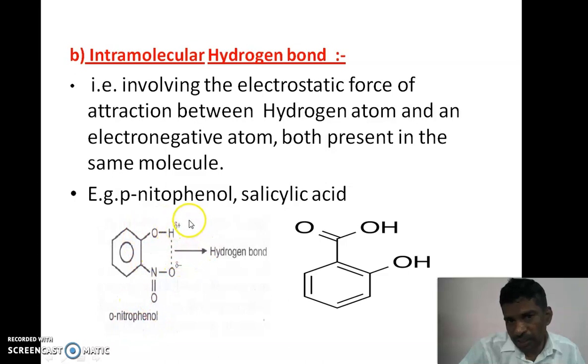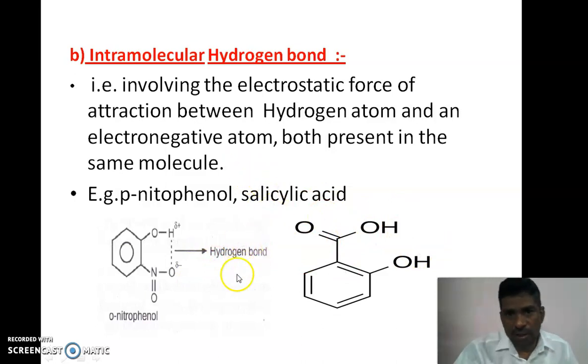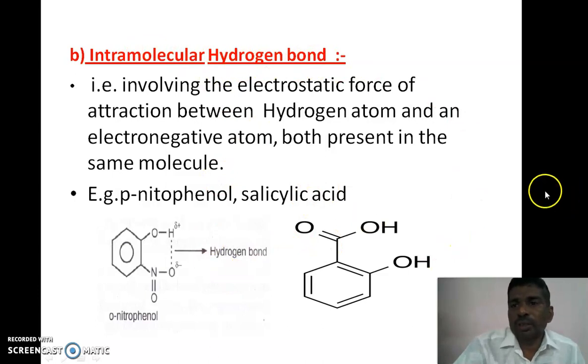The hydrogen is partially positive and oxygen is partially negative, and due to these two oppositely charged particles there is an electrostatic force of attraction, that is the formation of a hydrogen bond. These dotted lines are known as the hydrogen bond. This hydrogen and this oxygen form the hydrogen bond. These bonds are known as intramolecular hydrogen bonds.